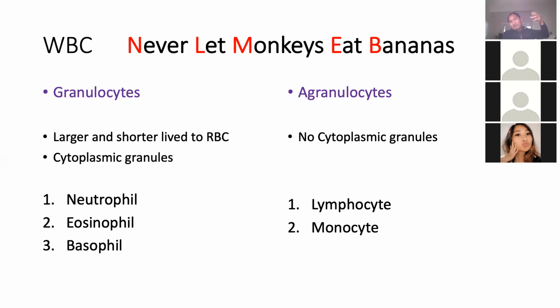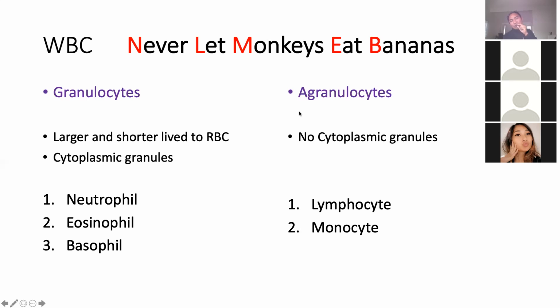And how do we classify WBC, white blood cell, as an academic? We can classify WBC as granulocyte and agranulocyte. What does it mean? Granulocyte means there will be granules in the cytoplasm.